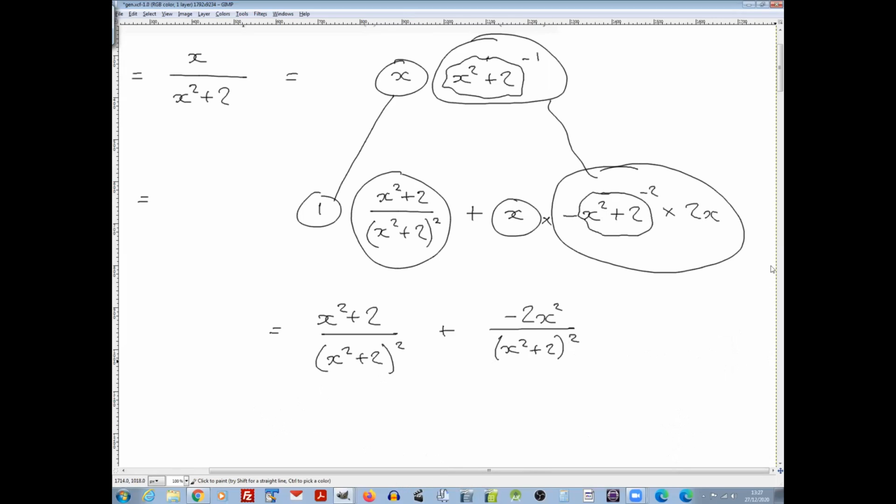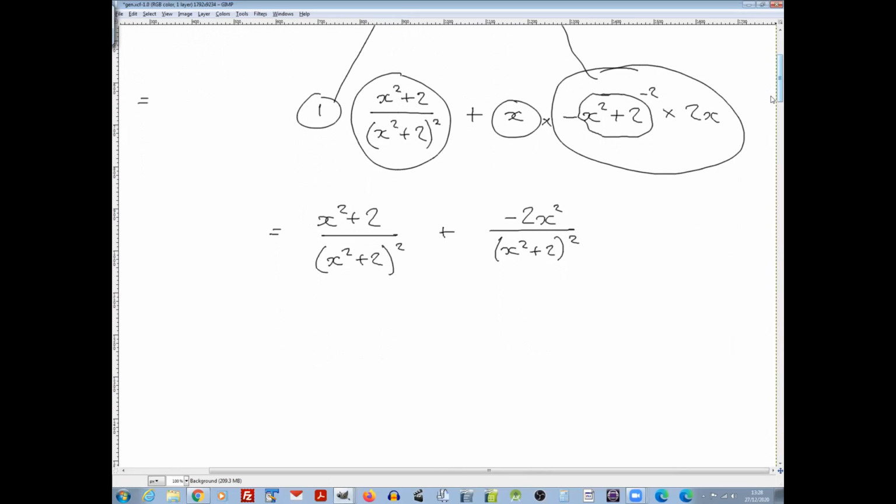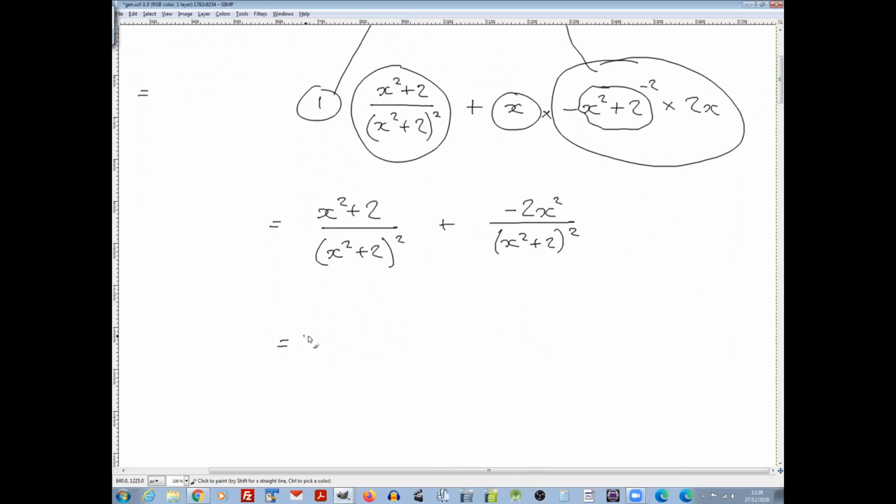Okay, so now let's simplify. So now we can say equals x squared plus 2 minus 2x squared over x squared plus 2 squared. And we can simplify again. We could probably factorize the top.